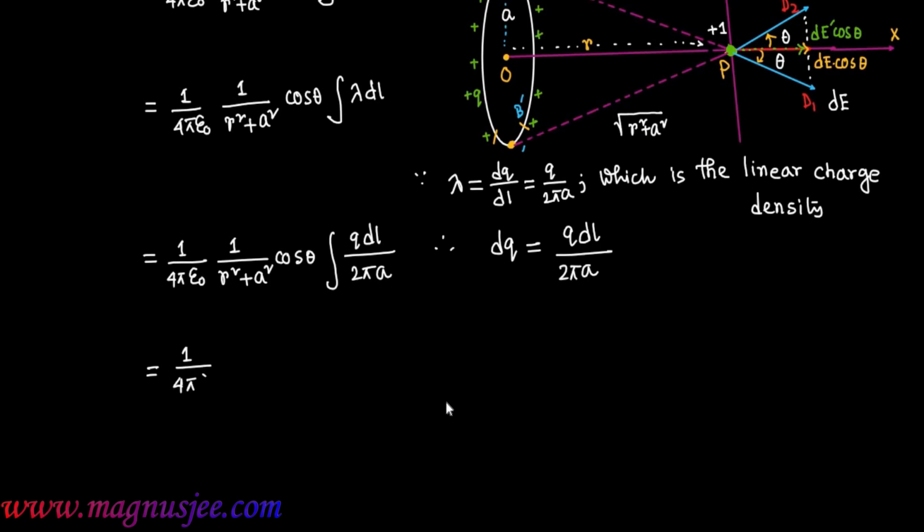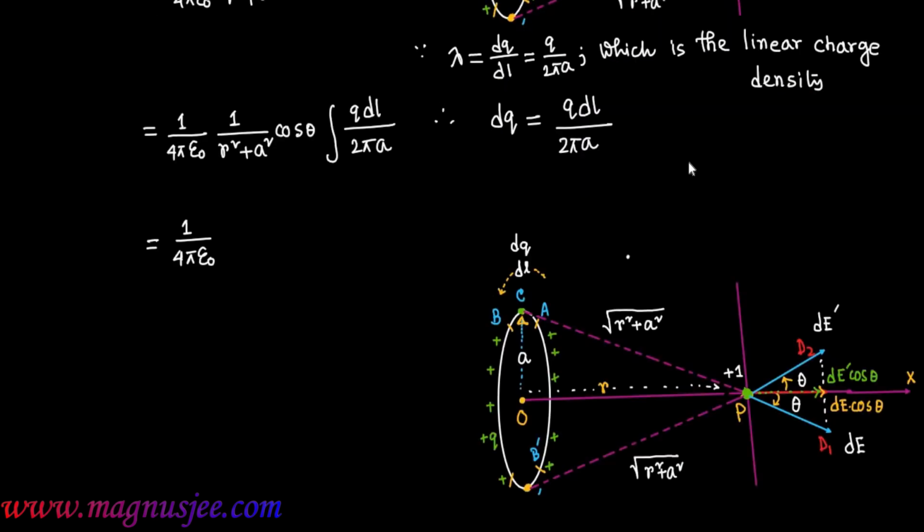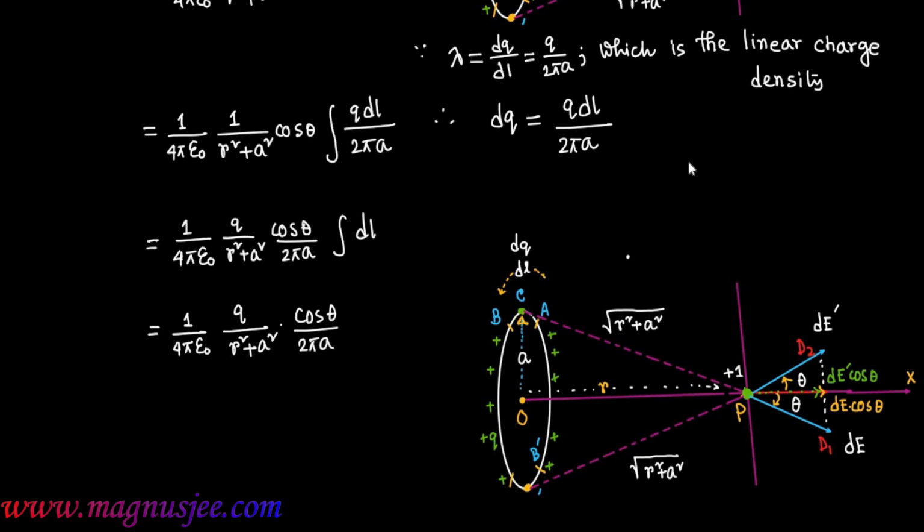Equals 1 by 4 pi epsilon 0, that means q divided by r square plus a square, cos theta divided by 2 pi a, all are constant and can be brought outside the integration dl. 1 by 4 pi epsilon 0, q divided by r square plus a square, cos theta divided by 2 pi a, integration dl.